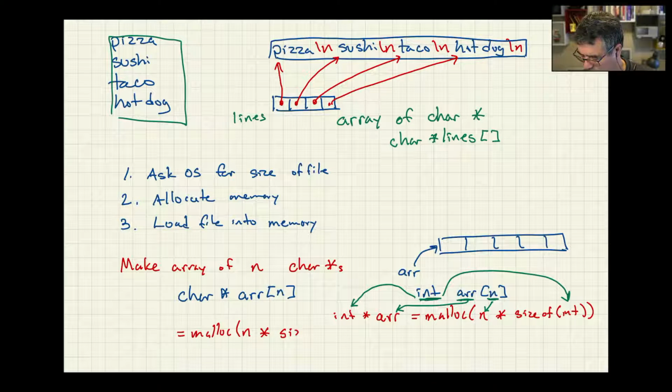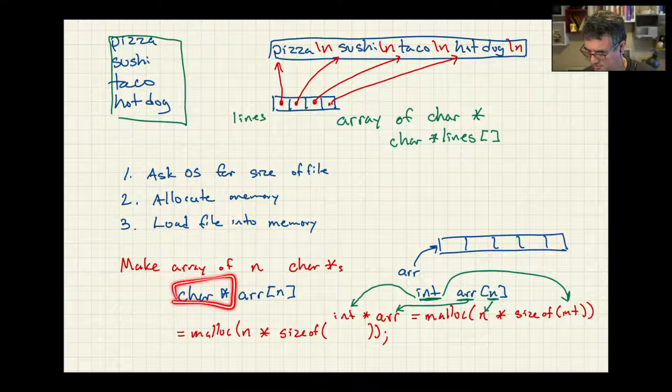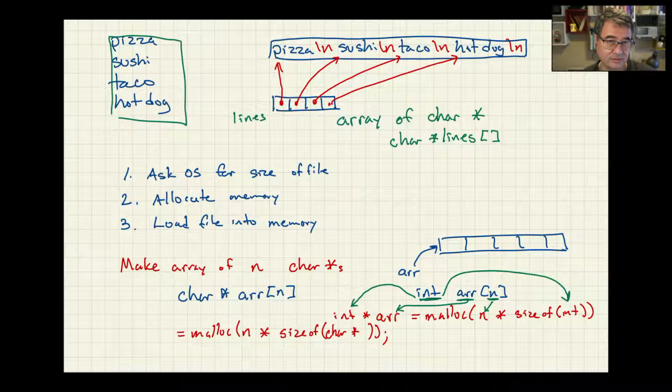Times size of, and then what goes inside here? Char pointer. Yeah, it needs to be this thing, the thing that's sitting out in front of the variable name. That goes inside there. Good so far?